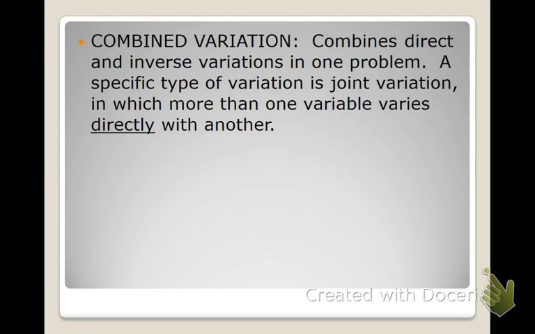So anytime you see joint variation, you need to think about direct variation for all variables. Combined variation, they'll tell you specifically if it's going to be direct, inverse, or jointly. For combined ones, it could be any mix of them, and we'll see that in the examples.